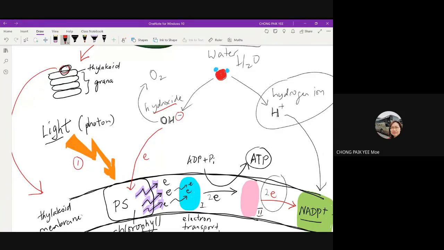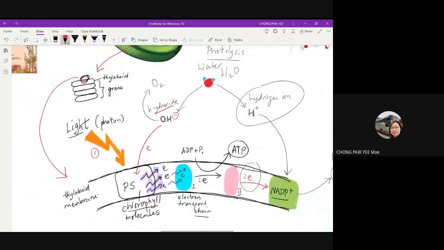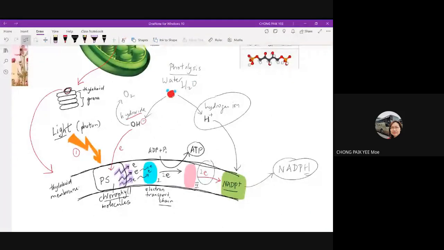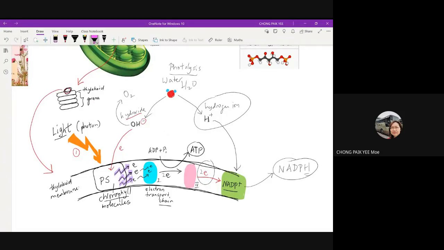Now let's look at the summary here. At the end of the light-dependent reaction, what are the products that are formed? Actually, there are 3 things. Number 1, you have ATP.